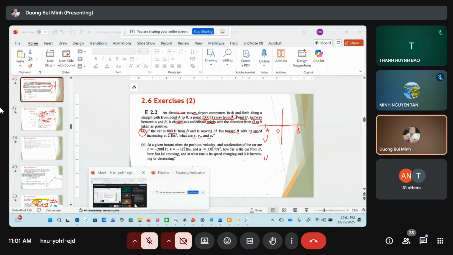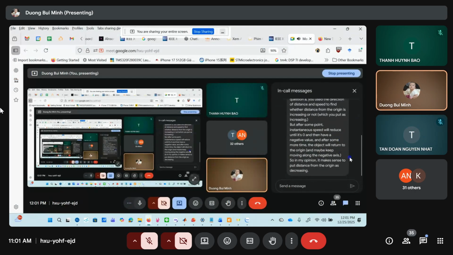So the instantaneous speed will reduce until it is 0, and I have negative.